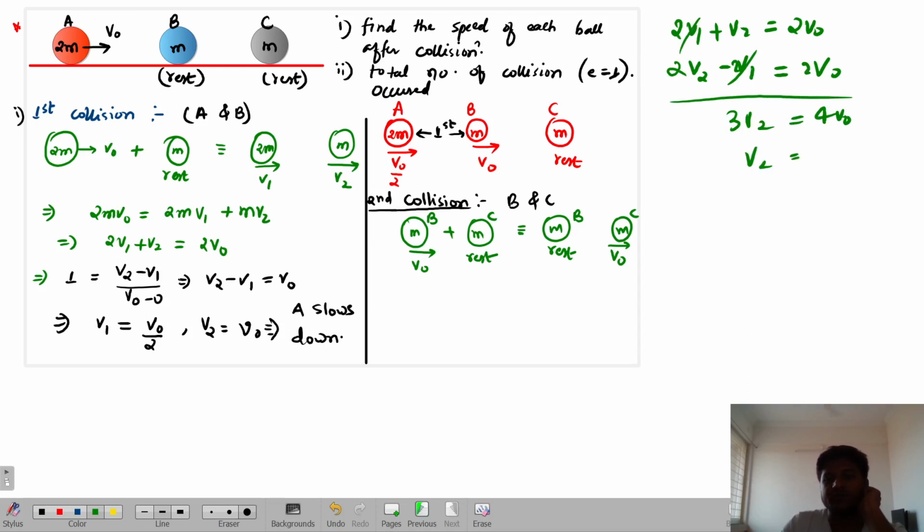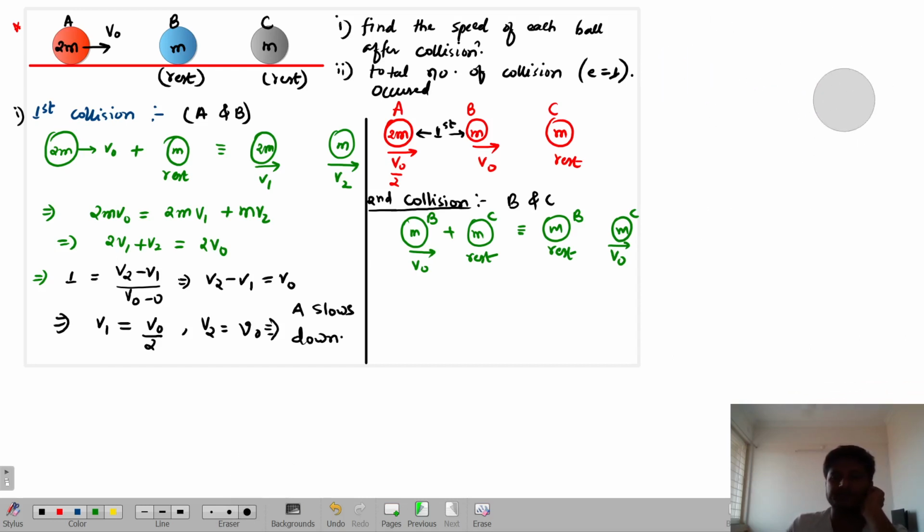So v2 is equal to 4 v naught by 3, and v1 is just v naught by 3. But still the answer will remain the same because the previous one was the heavy one. The conclusion still remains the same.